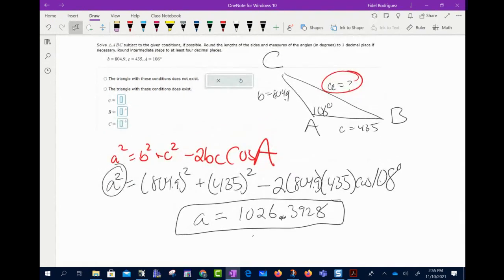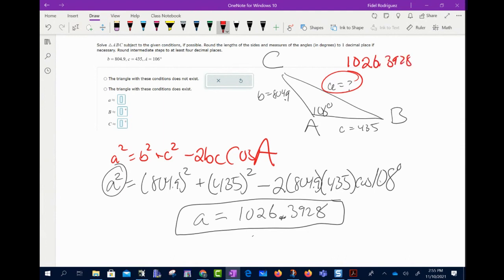All right, now that we found little a, we can probably find the angle for either angle B or angle C, right? Because now we know that this side here is 1026.3928.